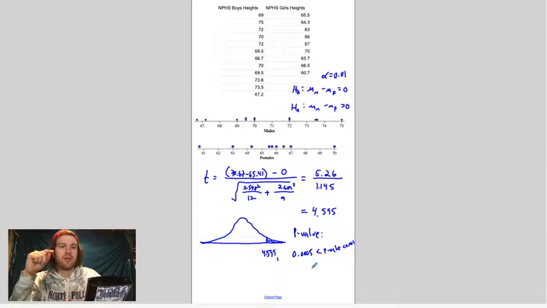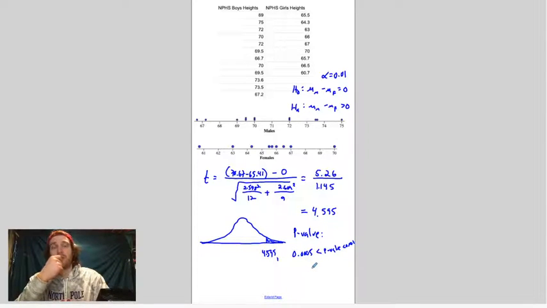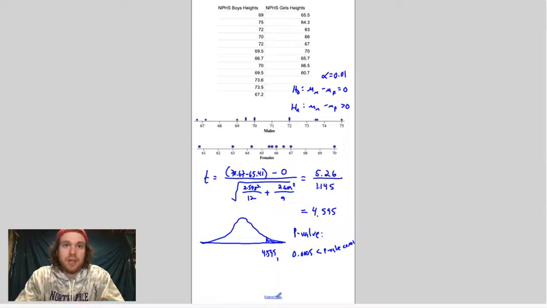So if we assume that the heights from the populations are the same, based on our sample data, we would expect to see a difference as large or larger than we did between the boys and the girls roughly 0.08% of the time. That's the interpretation for the p-value. If you want to write that down, take the time to write that down. If not, then we're good.